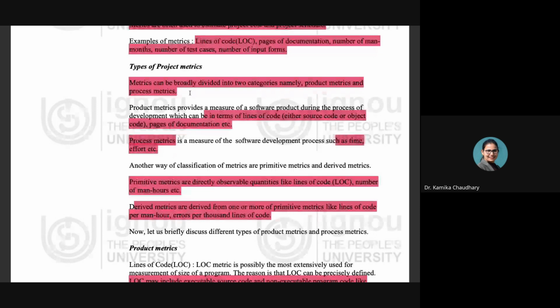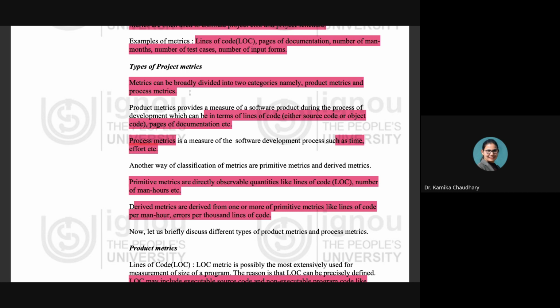Those quantities which can be directly observed and directly calculated come under the primitive metric. Derived means that they depend on some other factor. For example, lines of code per man-hour is an example of a derived metric.